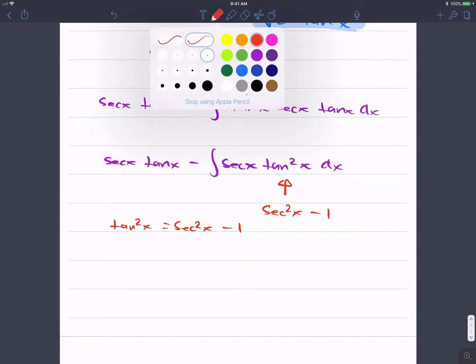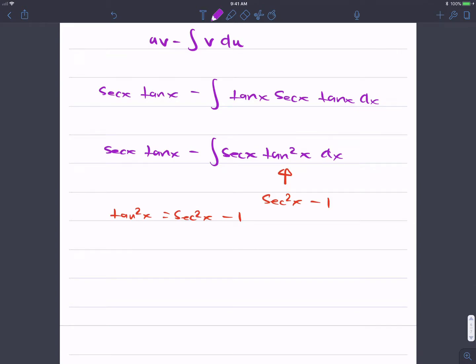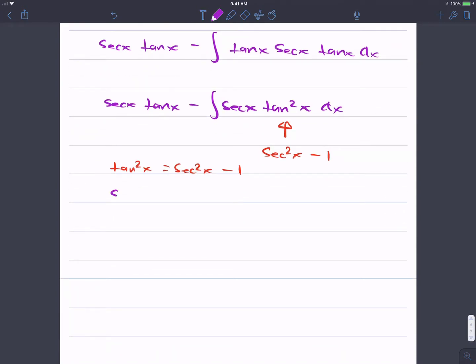So this integral now becomes, let me bring everything down with it. We get secant tangent minus the integral of secant squared x minus 1 dx.